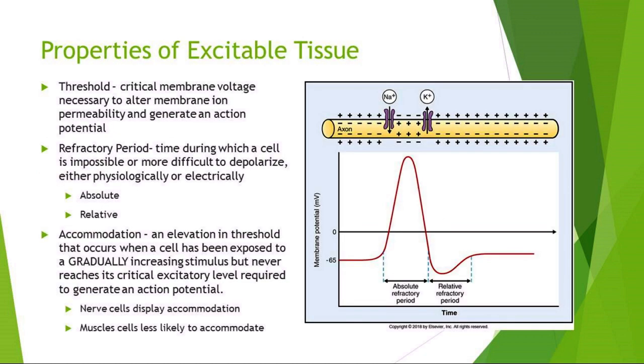An action potential in the body is the nerve stimulation. It's a rapid sequential depolarization and repolarization of a nerve that occurs in response to a stimulus, and it transmits along the axon. The action potential is the message unit of our nervous system. The threshold is the critical membrane voltage that's necessary to alter those membrane ion channels, make the membrane more permeable, and generate an action potential.